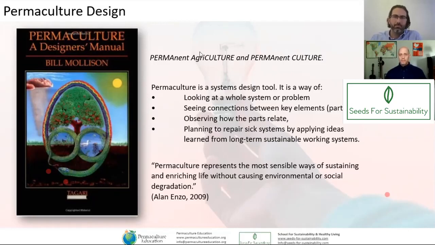Well, the reason that permaculture is so popular in those contexts is because permaculture represents a toolkit of all of those techniques and models and design ideas that allow you to work with nature and design the systems you need to grow your own food naturally, locally, and with the lowest human work input.